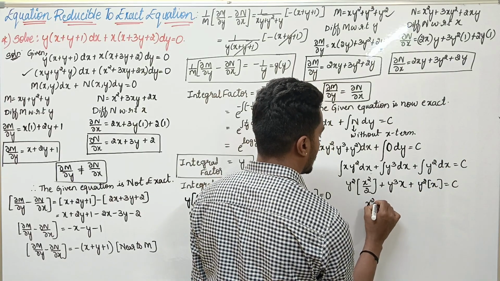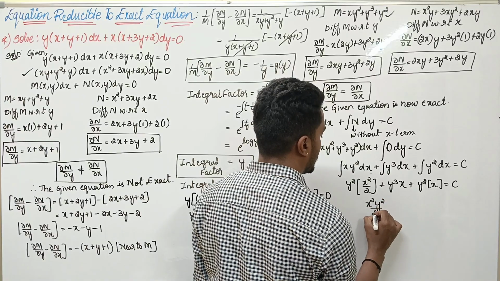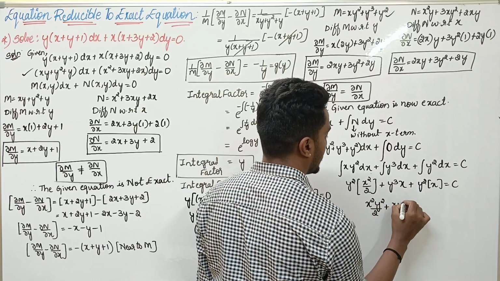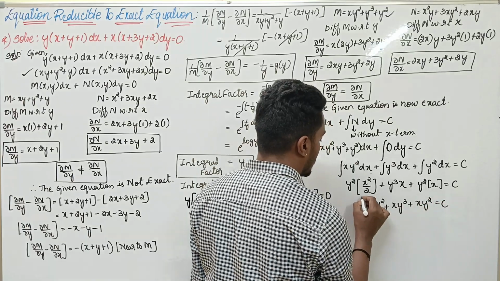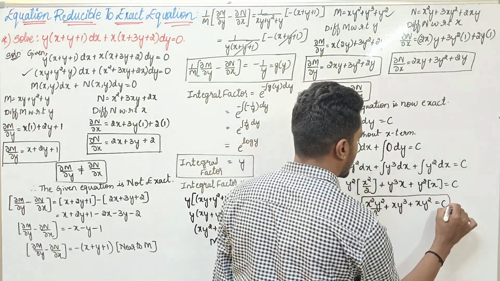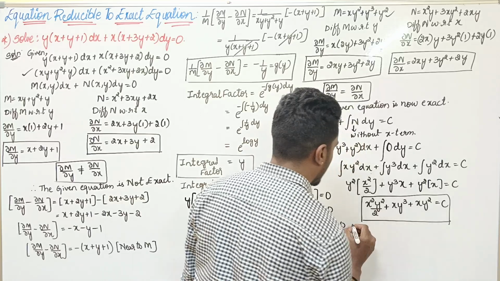So x²y²/2 + xy³ + xy² = c. This is the required solution for the given equation.